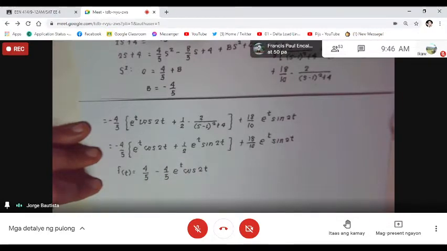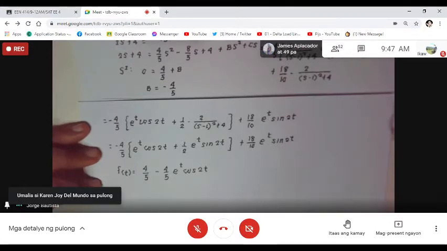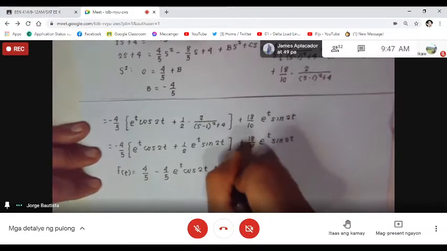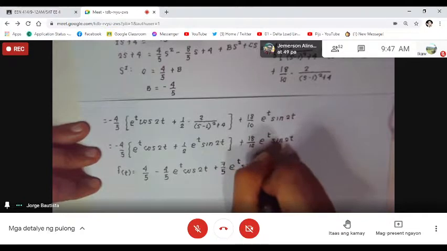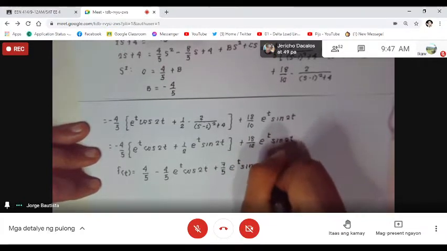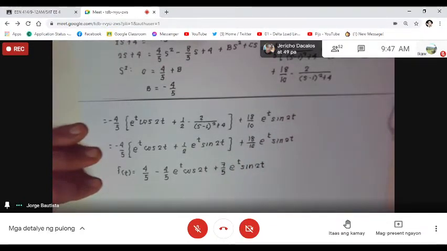So, we have 4 divided by 5 times 1 half. Okay? So, that is negative 2 over 5 plus 18 over 10. Okay? So, that is 7 over 5. E raised to t sine 2t.